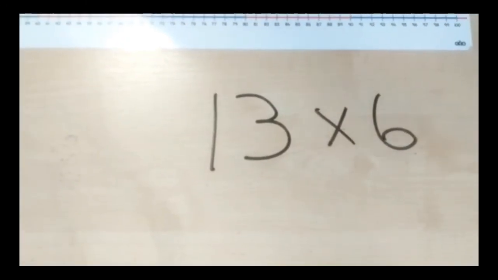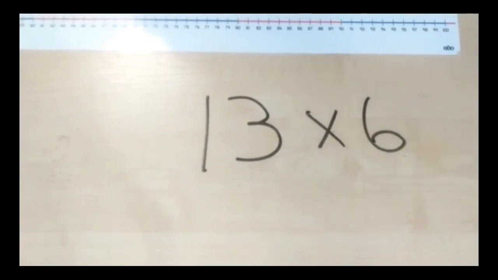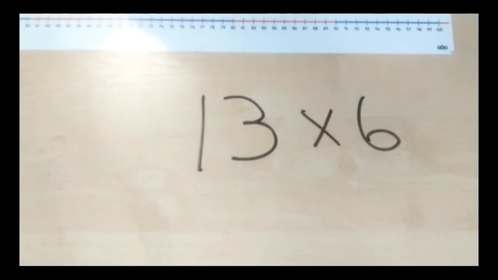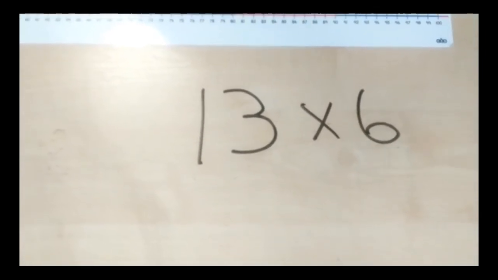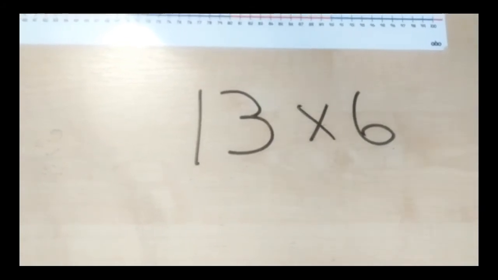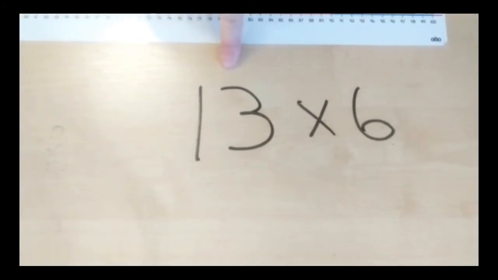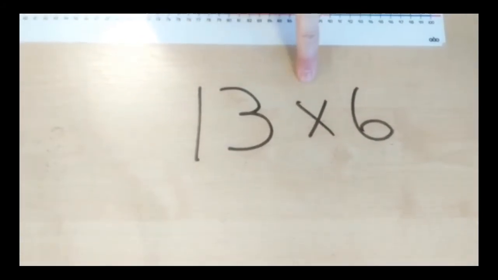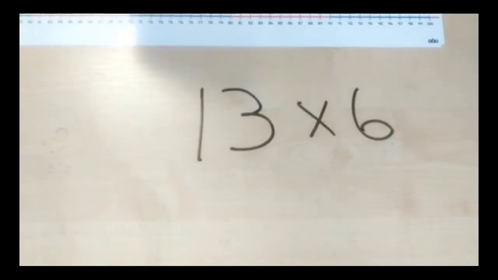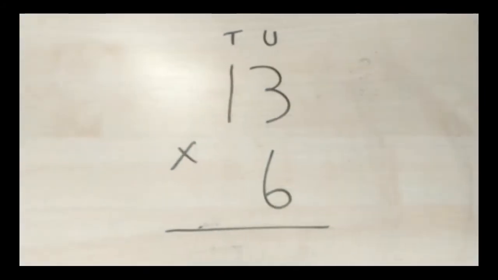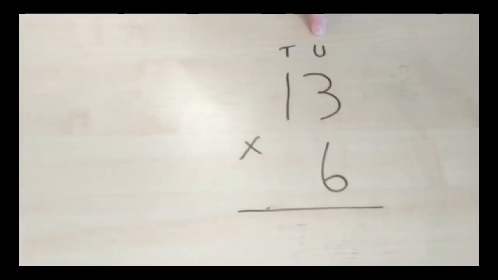Okay everybody, let's move to the next written calculation for multiplication. It's going to be the column method, just slightly different. So my calculation is 13 times 6. I'm going to write that into my columns using my tens and my units.